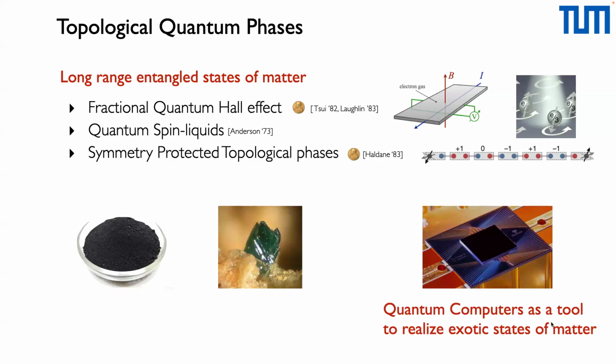Good. Right, and what I now want to talk about in the first part is basically how we can use quantum processors or quantum computers as a platform for realizing representatives of these topological phases. So that we are not trying to find a specific material, but we just design these phases on a quantum computer.